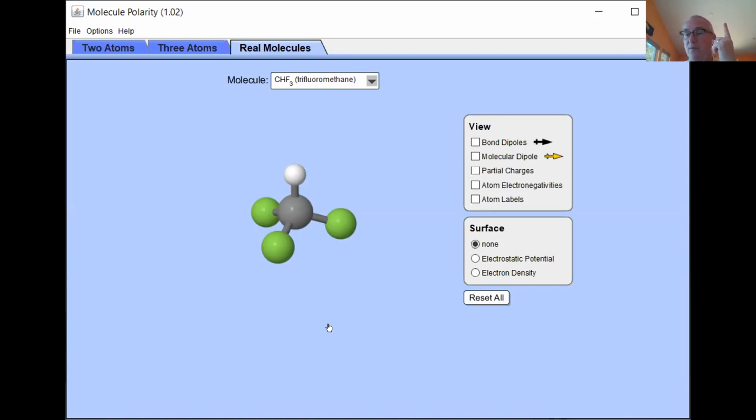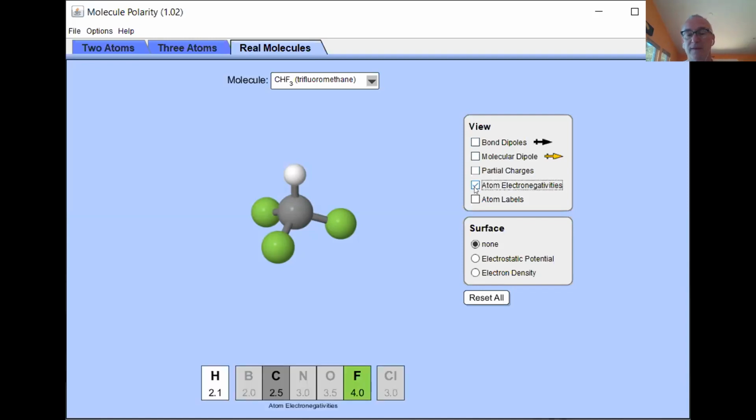But what about the bond dipoles? Are they going to be the same? You suspect the bond dipoles will be just the same as the previous molecule when all four were fluorines? No. Right, one of them is going to be weaker, right? Because we know that the bond dipole, let's look at the electronegativities.